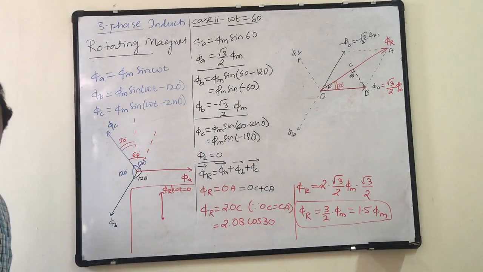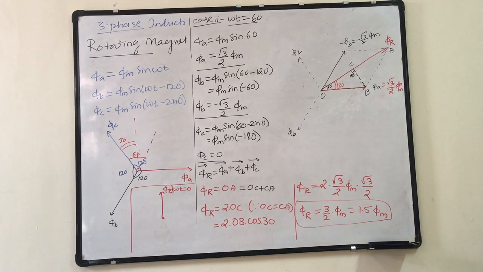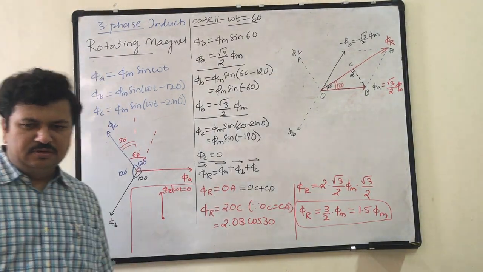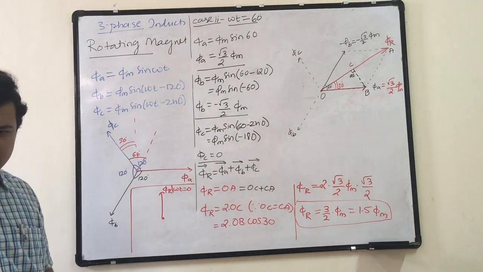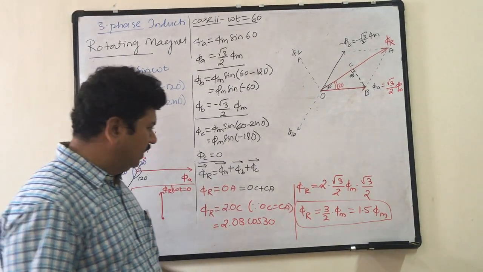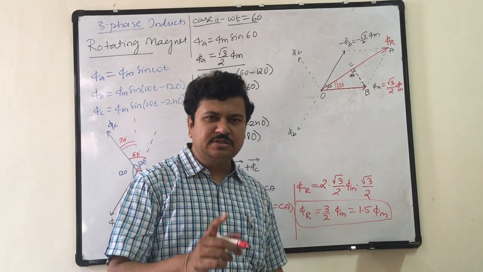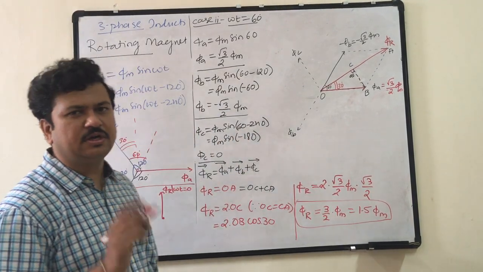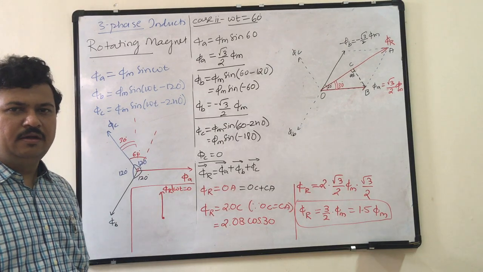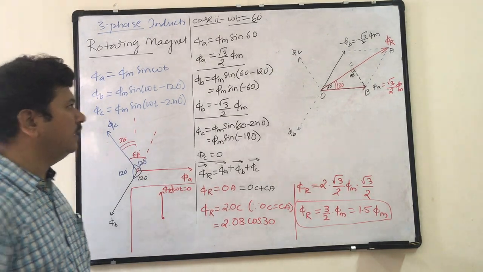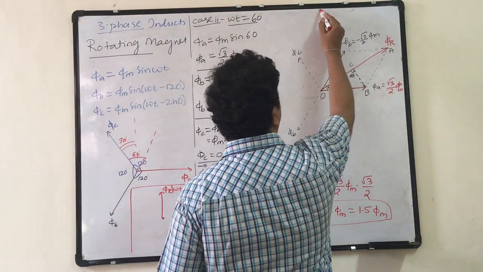Now what I can observe here is the magnitude of the resultant has not changed. It was 1.5 phi m at omega t equal to 0. It is 1.5 phi m at omega t equal to 60 degrees. But see the angular position of the resultant vector. It has rotated through 60 degrees. Earlier, the resultant was vertically upwards.